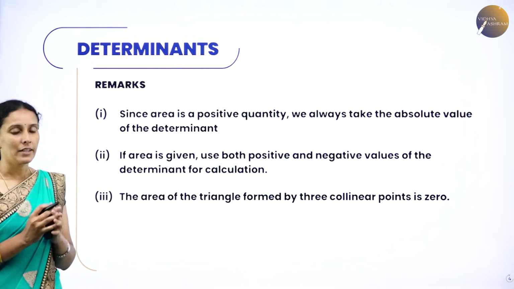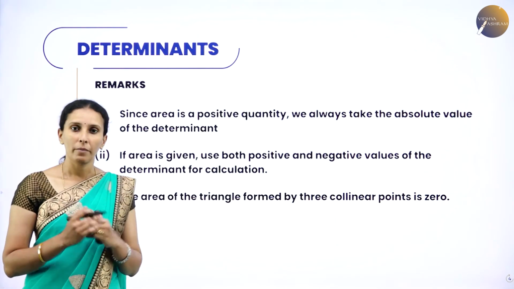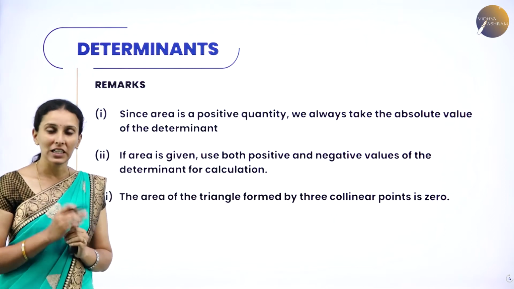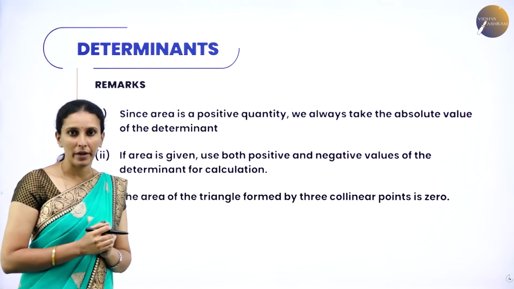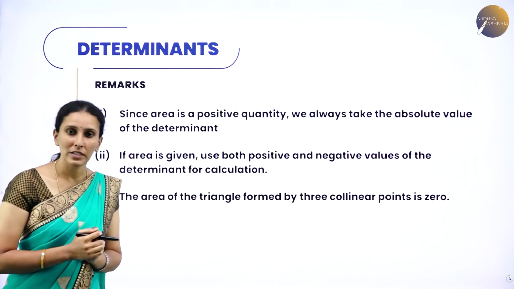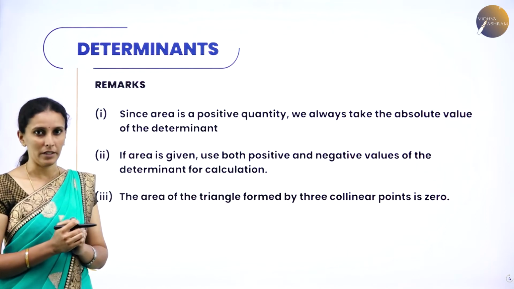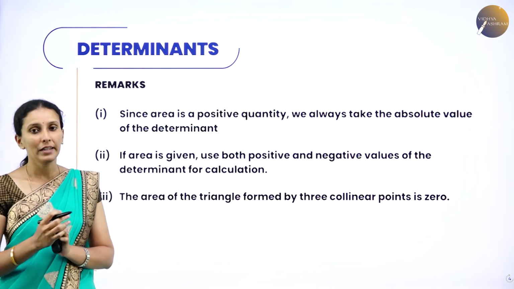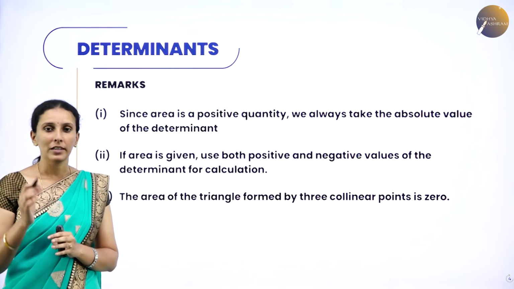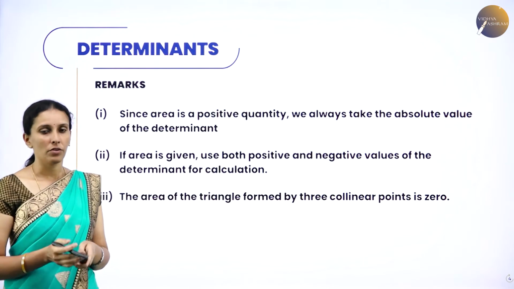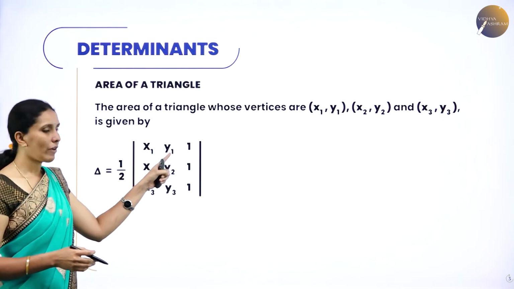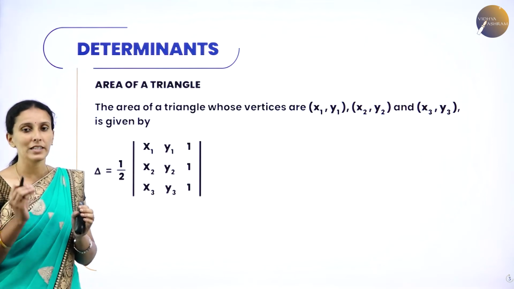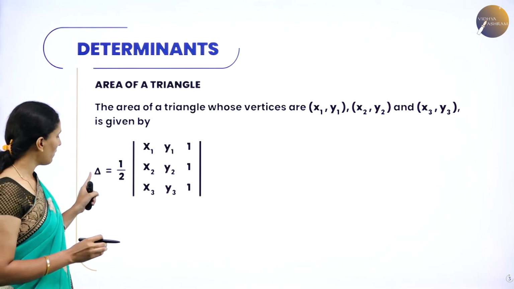Now, when it comes to the value of the determinant, we might get both positive and negative quantities, but when you consider area, since area is a measurement, you should always consider the positive quantity of the value of the determinant. Whenever a point is unknown and the value of the determinant, that is the area of the triangle, is given, for example if (x1, y1) is known, (x2, y2) is known, and (x3, y3) is unknown, we don't know the point (x3, y3) but we know the value of delta.